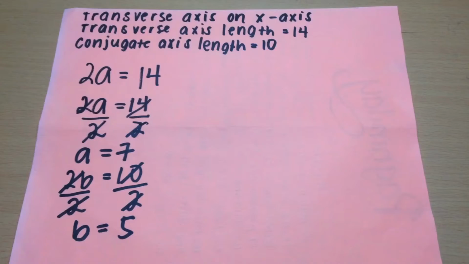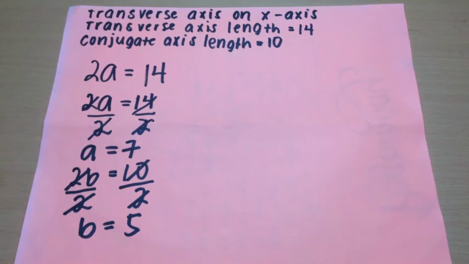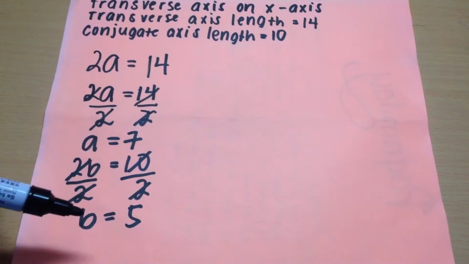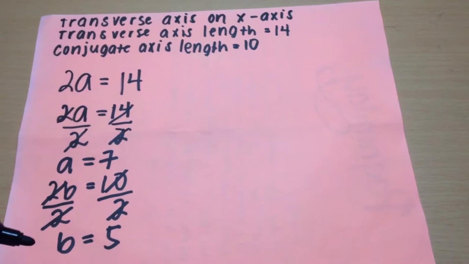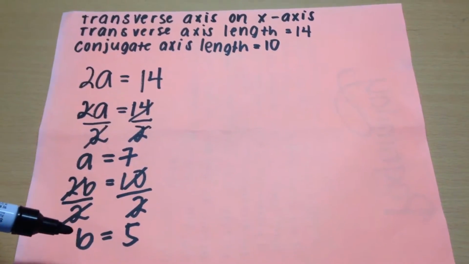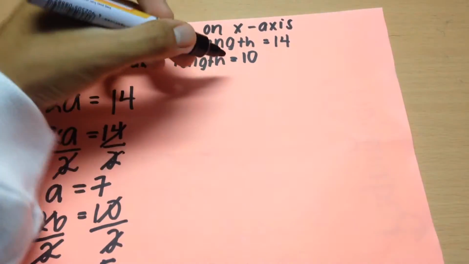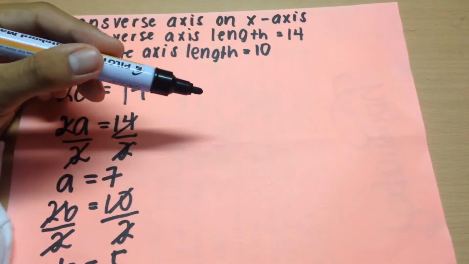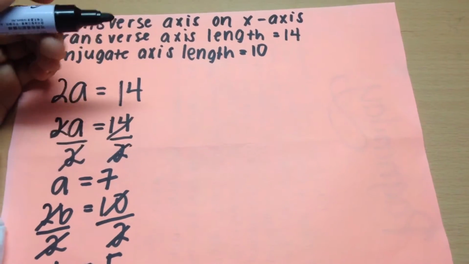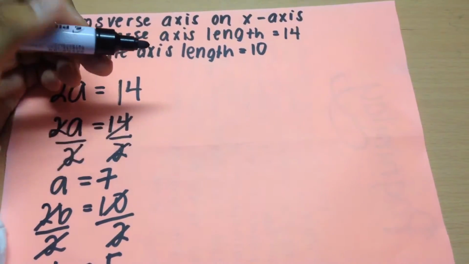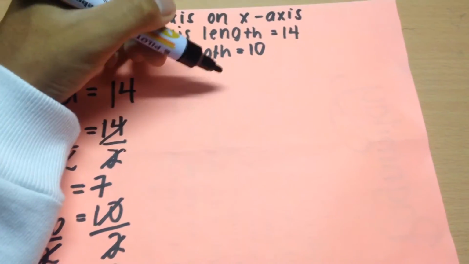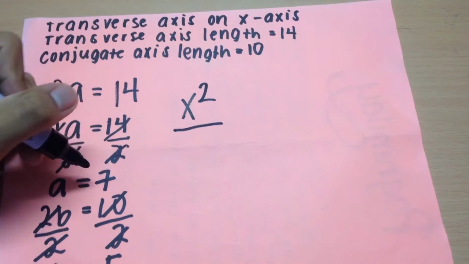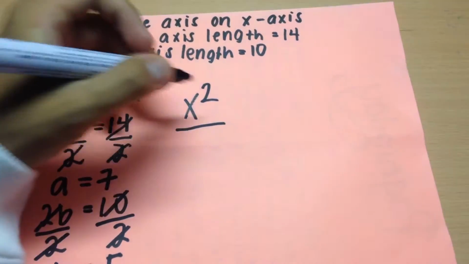To get the standard formula of this problem, we have to square the value of a and the value of b. Since it is a horizontal hyperbola, we will be using x squared over a squared minus y squared over b squared. So x squared over a squared, and the value of a is 7, so we square it.